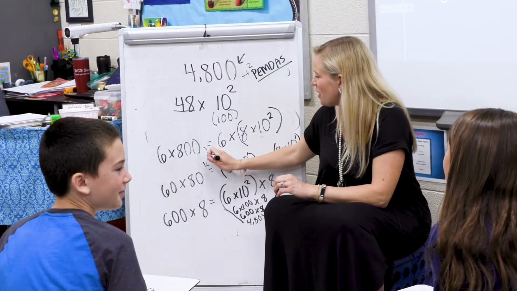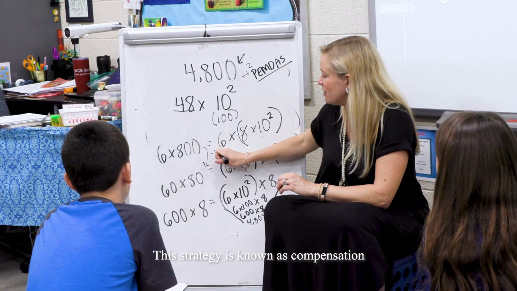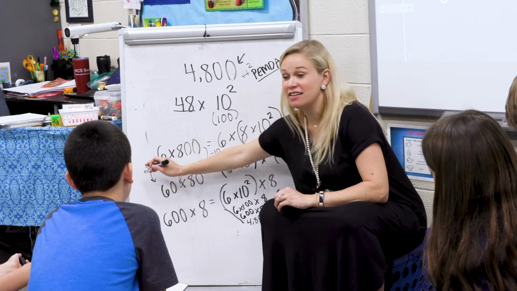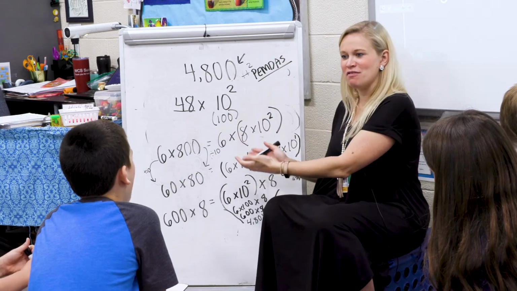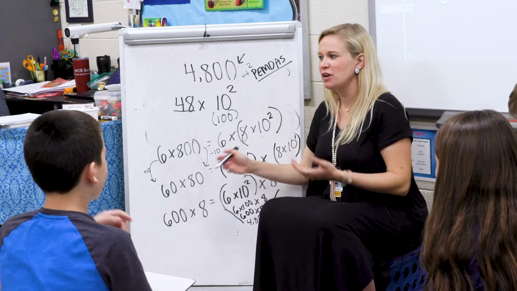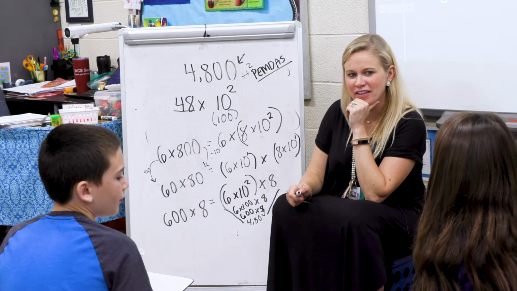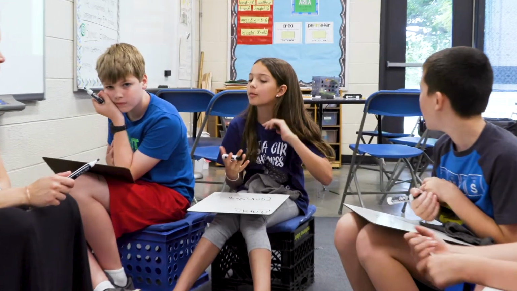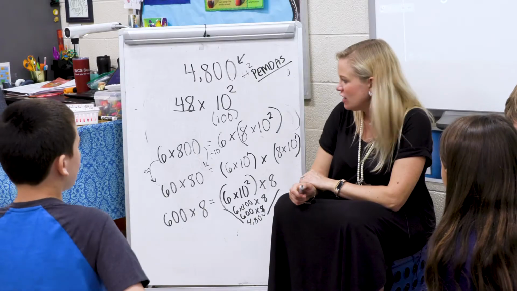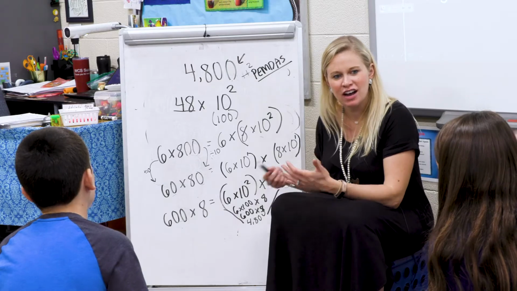If we divide this factor by 10 and multiply this factor by 10, we're maintaining the same value, but we're throwing the zeros around, like Dean said. Who can add to that? How else could we prove that these have the same value? Ella? Well, I said there's still the same amount of zeros, they're just on different numbers. Okay, good. So we still see 2 zeros here, here, and here. They're just on different numbers.